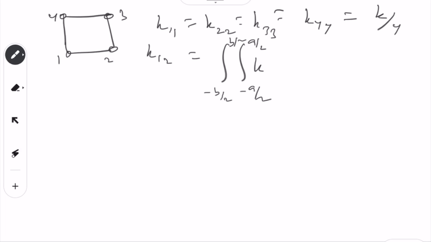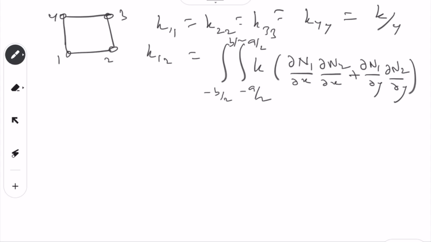and then we have del n1 del x del n2 del x plus del n1 del y del n2 del y, and then dx dy, where n2 will be equal to, so this is this equation and this equation.